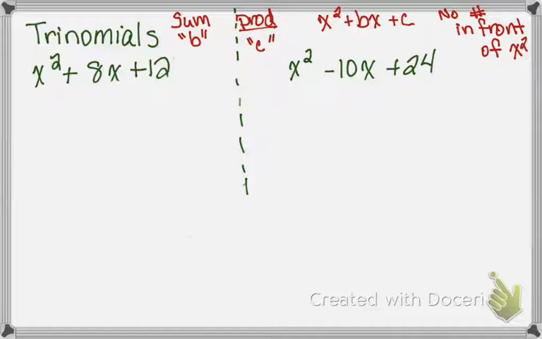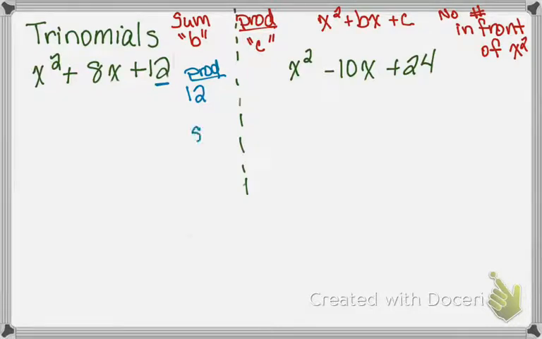So in our very first one, we have a product of 12. Our product right here is 12. I just take this c value right here. That's my product.